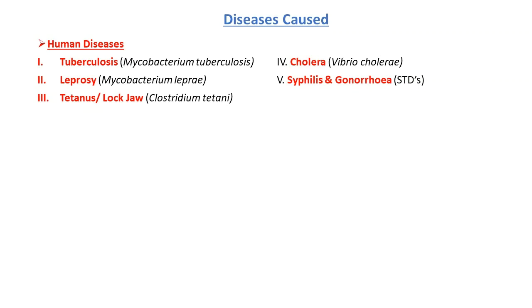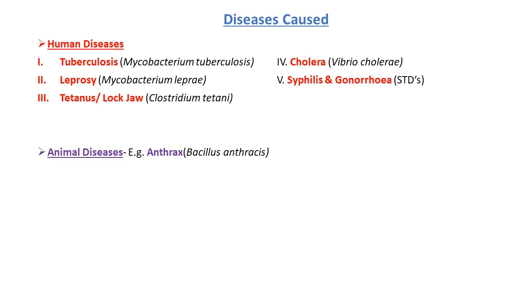They also bring about diseases in the case of animals. So the animal disease example is anthrax. The scientific name of the bacteria which brings about anthrax in cattle usually, but from the cattle it can be transmitted to human beings also, is Bacillus anthracis.